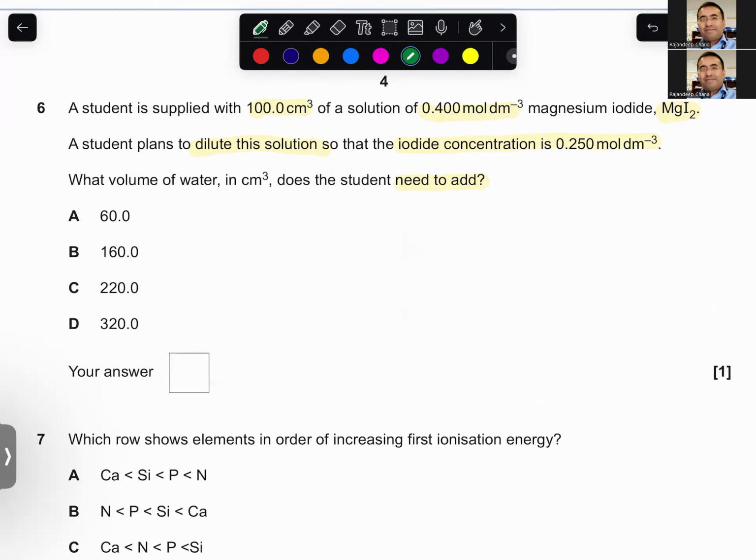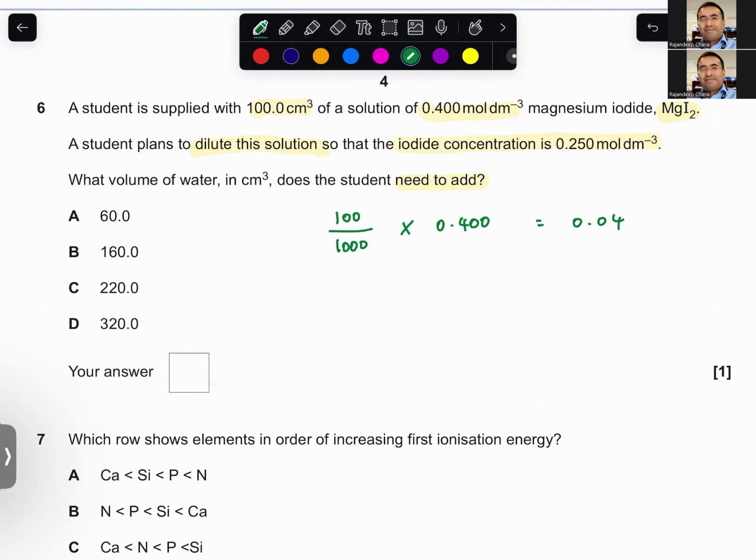Okay, so what we'll do is take the volume divided by 1,000 to convert to decimeters cubed. Then you've got the concentration. This gives you 0.1 times 0.4, which is 0.04. My mental maths is letting me down. Let me just double check this. 0.1 and 0.4.